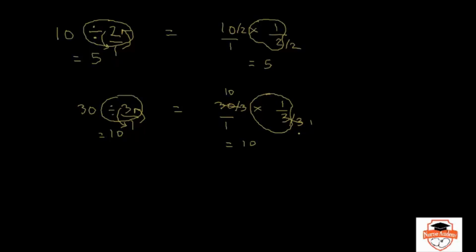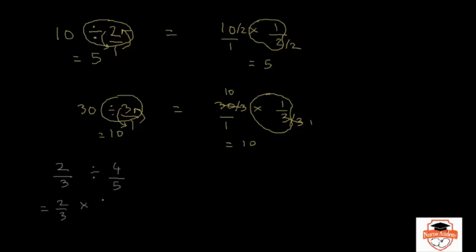And you can actually extend this idea to divide any number with a fraction. Change the division to a multiplication and flip over the numerator and the denominator of the divisor. Therefore, 2/3 divided with 4/5 is going to be the same as 2/3, change the division to a multiplication, flip over the divisor.